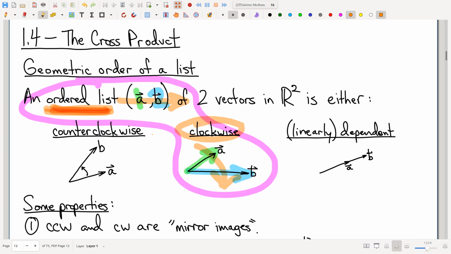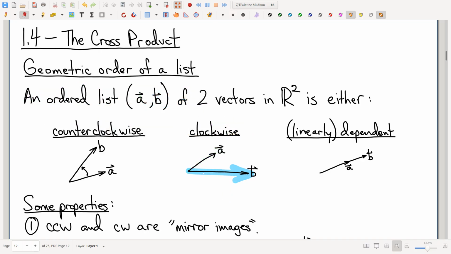Everybody see what I'm saying? So depending on what your vectors are, when you write down an ordered list, again, not the set, but the ordered list, it makes natural sense to call that list clockwise or counterclockwise, depending on which directions they point.